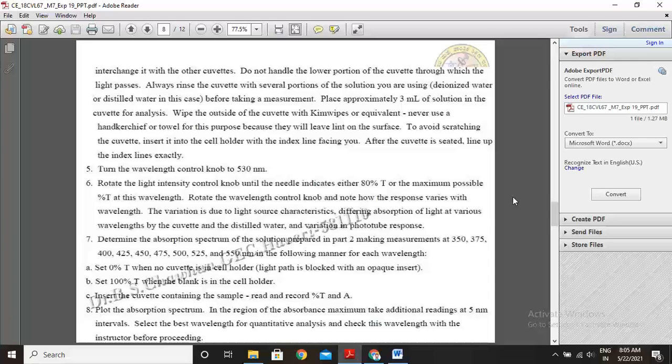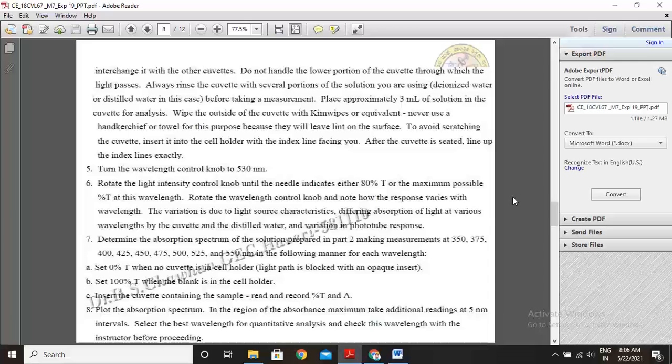Set 0% T when no cuvette is in the cell holder, that is the light path is blocked with an opaque insert. Set 100% T when the blank is in the cell holder. Insert the cuvette containing the sample. Read and record T and E value. Plot the absorption spectrum.